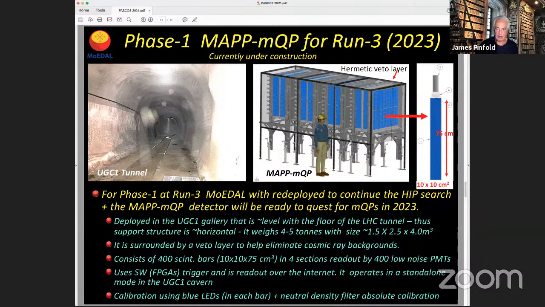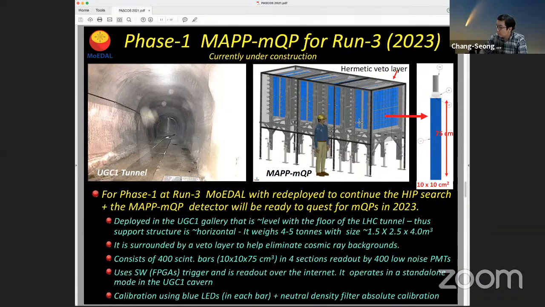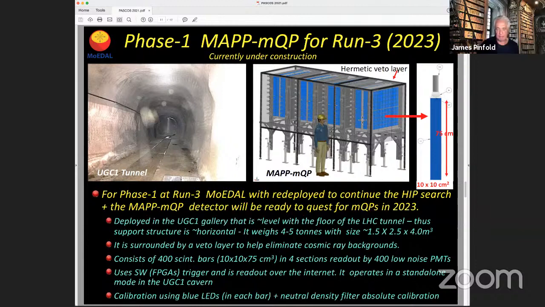Of course, it's surrounded by a hermetic veto layer, and the coincidence of these 4 PMTs essentially rules out any backgrounds from dark currents or whatever in the detector, in the PMTs, or any intrinsic radiation-induced signals in the bars.